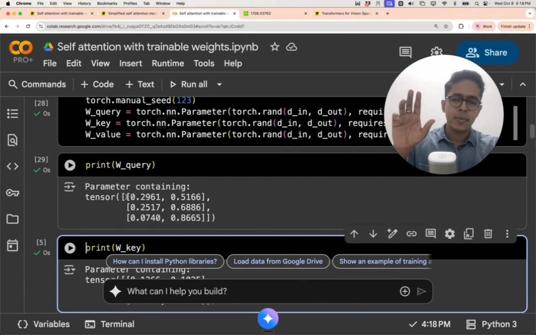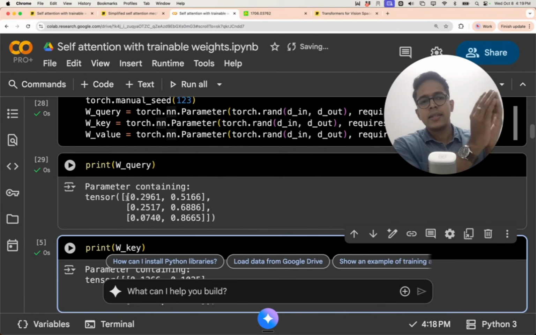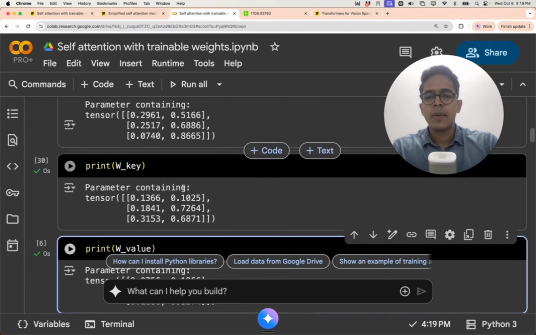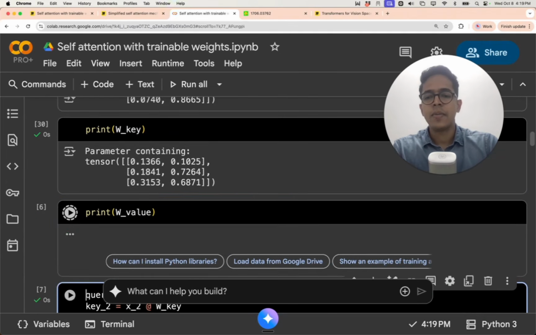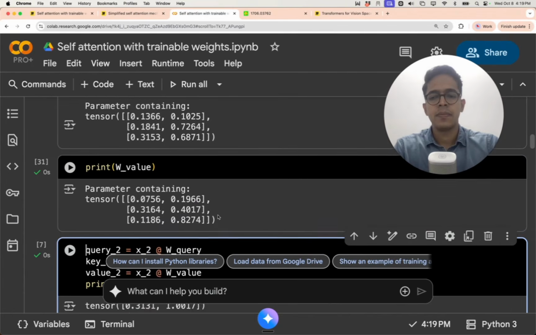So 6 by 3 is the input. 3 by 2 is the WQ, which means the output will be 6 by 2. Because I'm converting 6 input tokens in a 3-dimensional space to 6 vectors in the query space with 2 dimensions. Similarly, W key will also be 3 by 2 and W value will be 3 by 2. And these are random numbers generated from the random number generator.